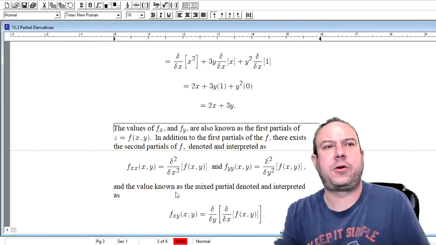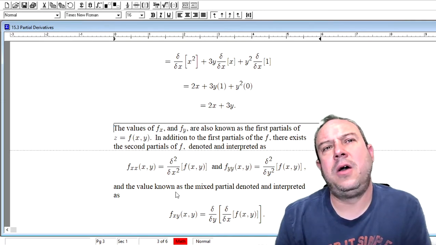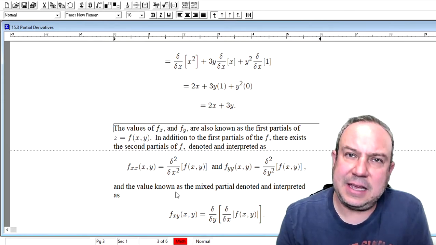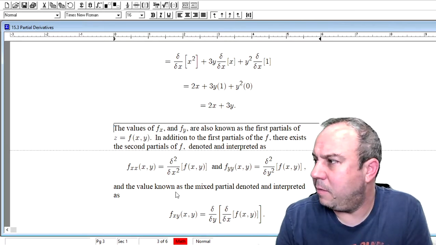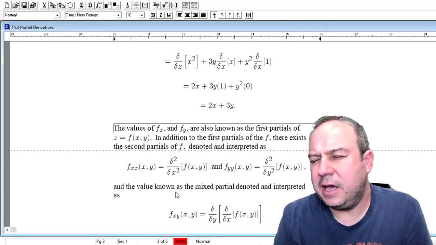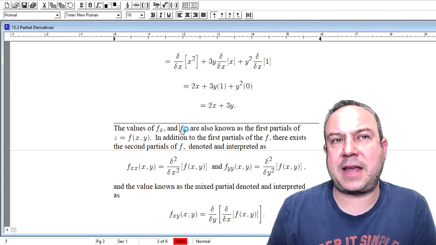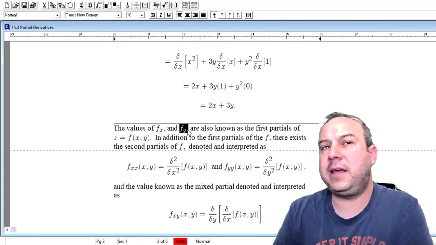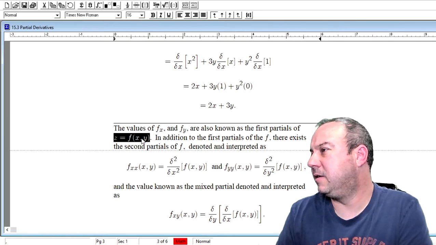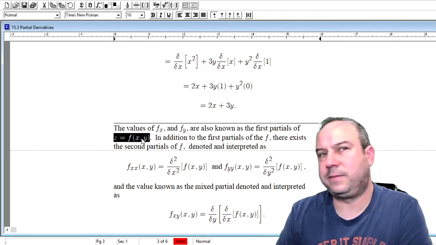Functional behavior also dependent upon its independent values. All right? We can take an analogous to that in our case of partial derivatives, folks. The partial of f with respect to x and the partial of f with respect to y are also known as the first partials of f. Right? They are the first partials of your function z equal to f of x comma y.